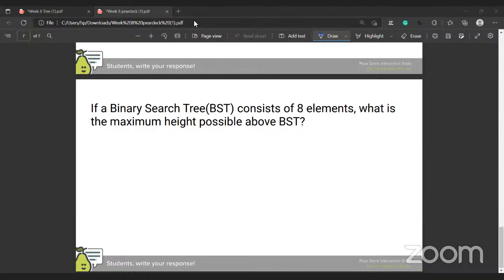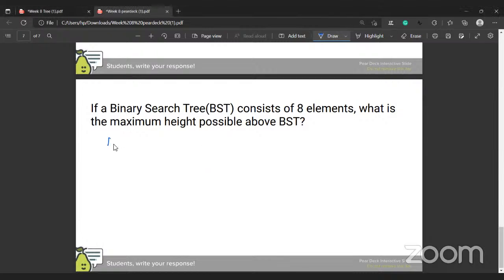Okay, so how to approach this question? If all the nodes are in increasing or decreasing order, then it will be that case.